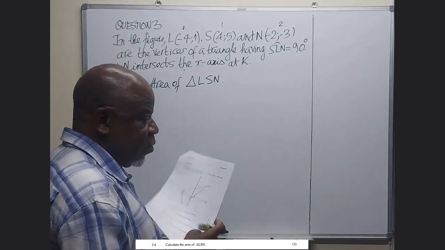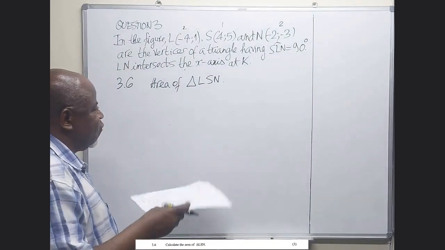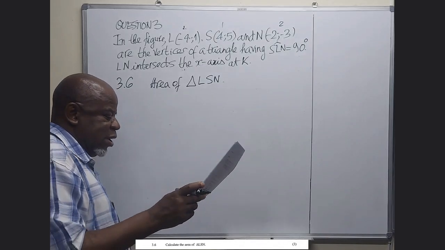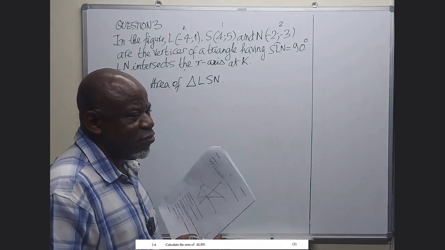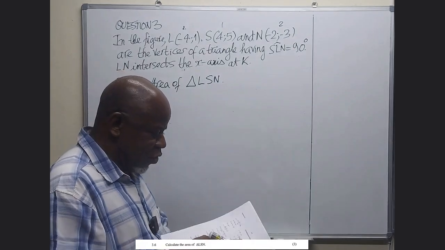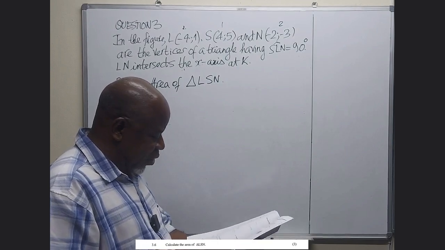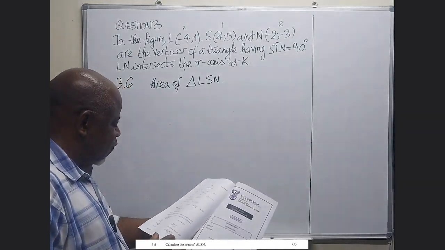So here we have got two possibilities. We can consider the first formula we know. If you want to calculate the area of a triangle, it is half base times height. There's another formula. When you check on your formula sheet, the last page, there's a formula for calculating the area of a triangle.